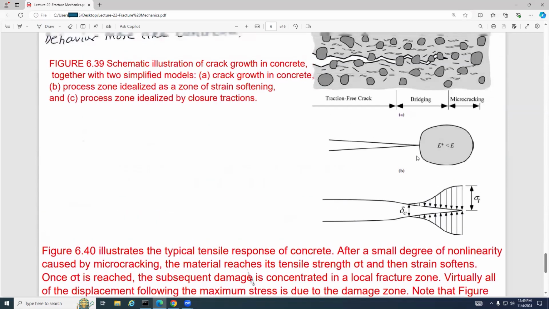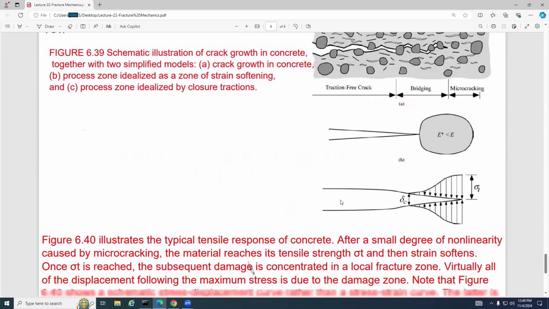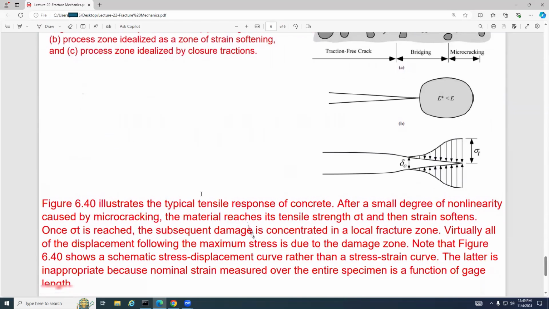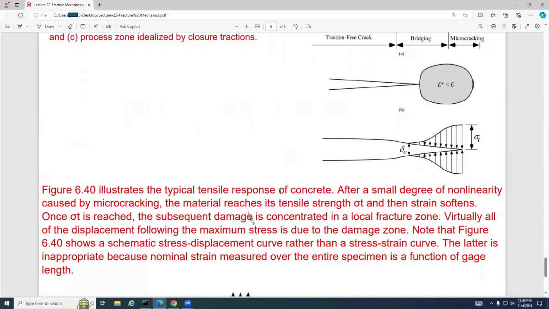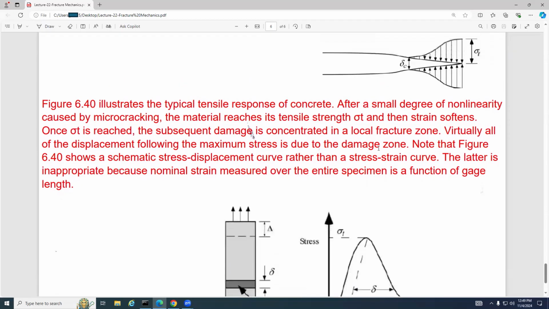Okay, guys. So here, this is Young's modulus. This figure illustrates the typical tensile response of concrete. After a small degree of nonlinearity caused by microcracking, the material reaches its tensile strength sigma t here, and then strain softening.